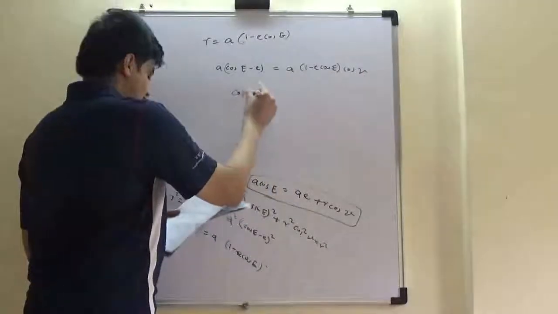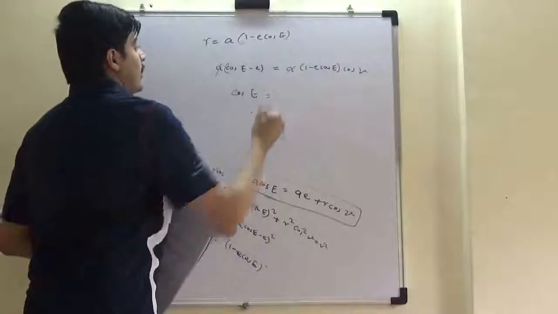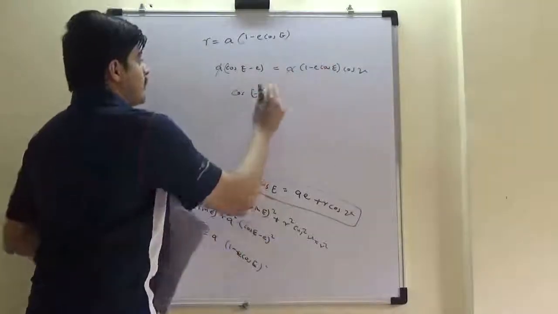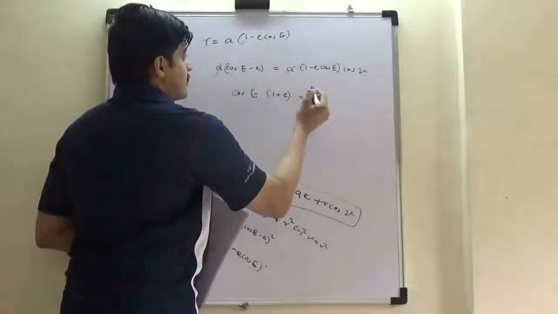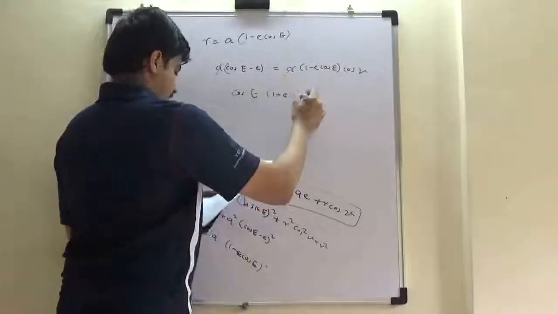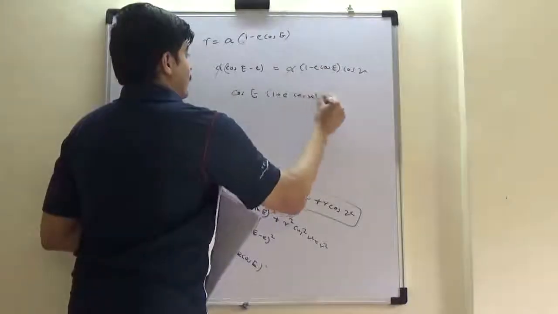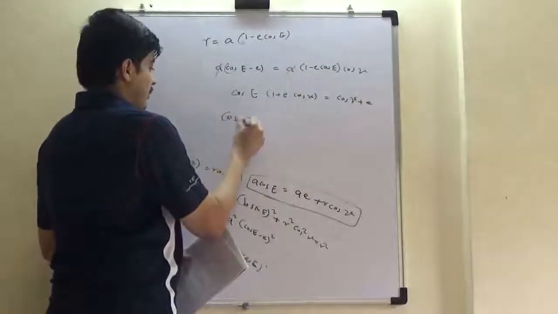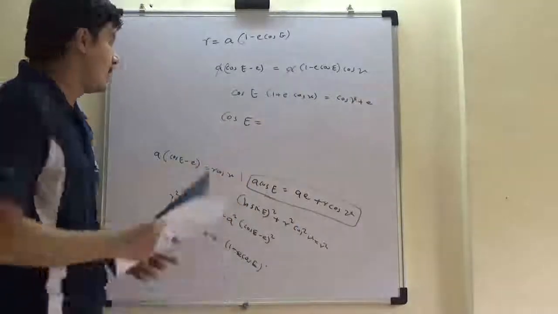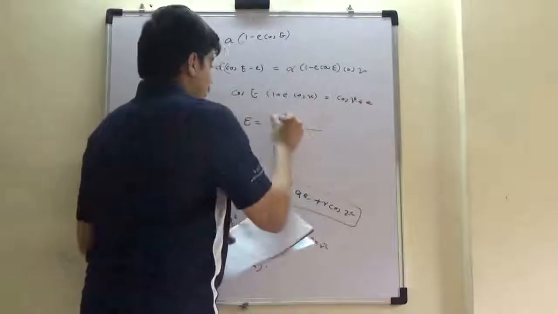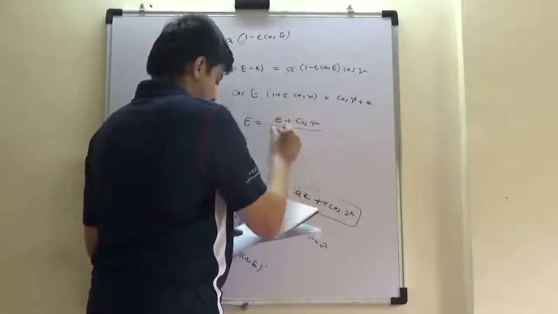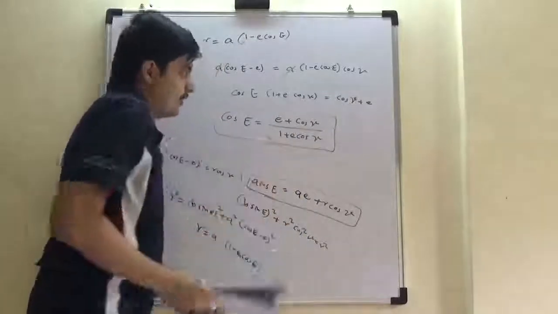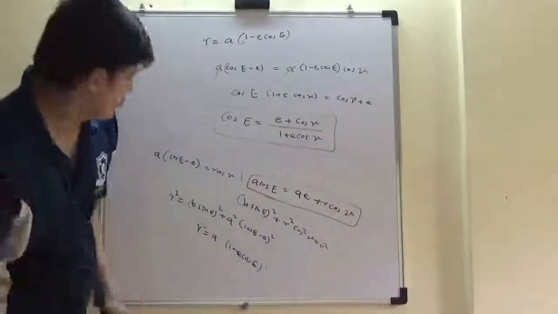So from here this a would get cancelled out, and you could now make it cos E times 1 plus e equal to cos mu plus e. So the eccentric anomaly E is related to the existing orbital parameters as this, which means the other way around.